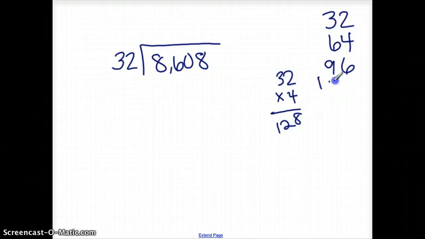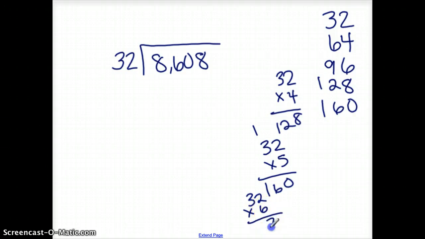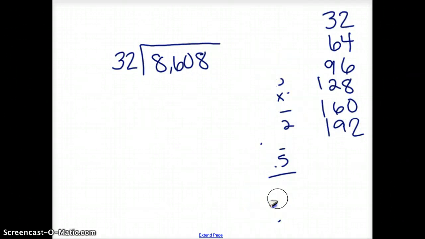It's 128. 32 times 5, it's 160. 32 times 6, it's 192. Alright, now that I have my multiples, I'm ready to divide.